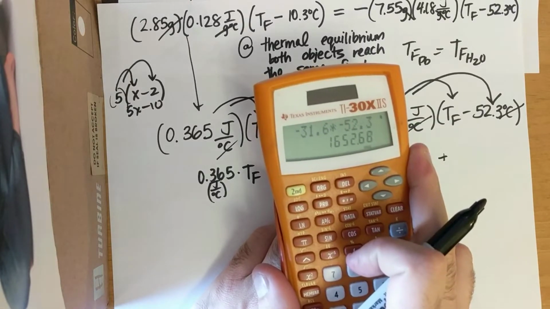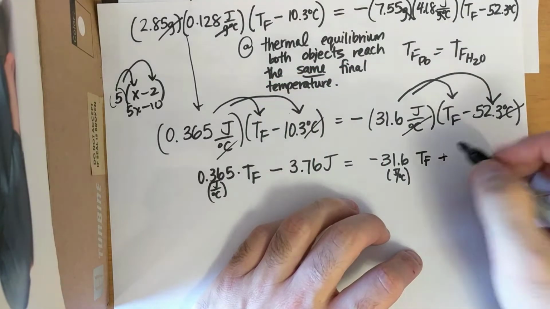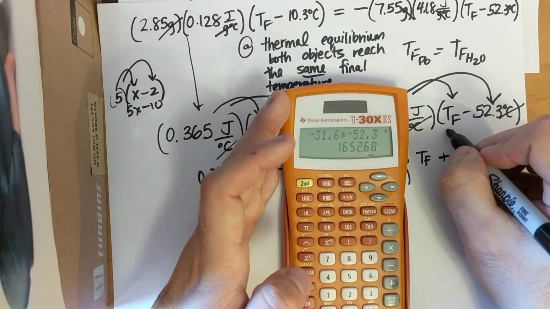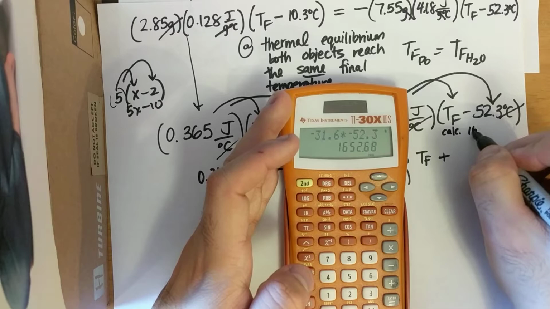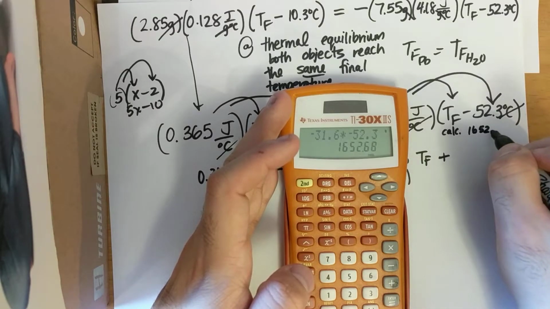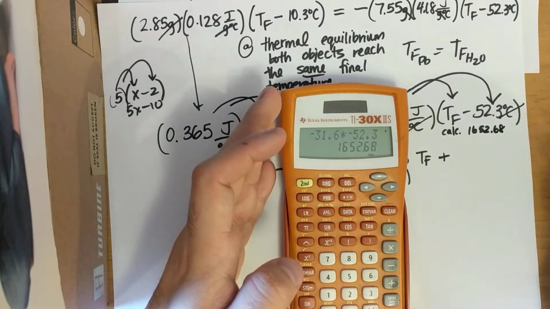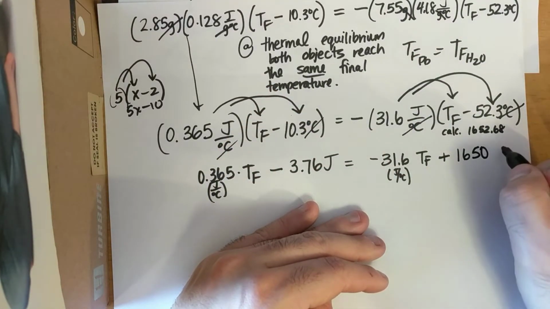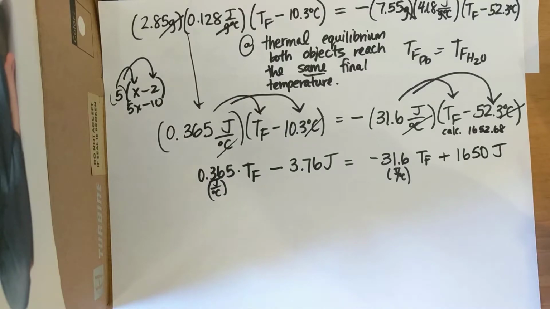That's 3 sig figs, right? So I'm just going to round it to make it simpler. I'm going to write the number that I get from the calculator on top, so you're like, where'd you get that number from? In the calculator, I get 1652.68, but I'm going to do sig figs as 1650 joules, okay?